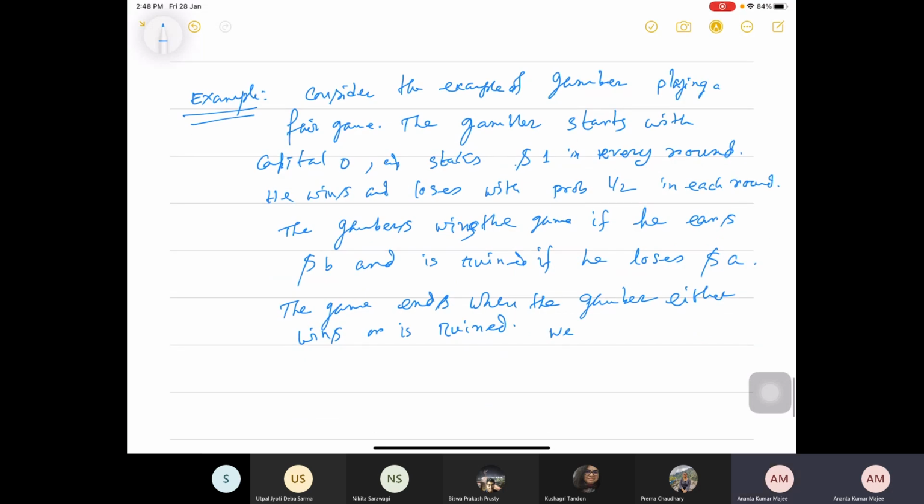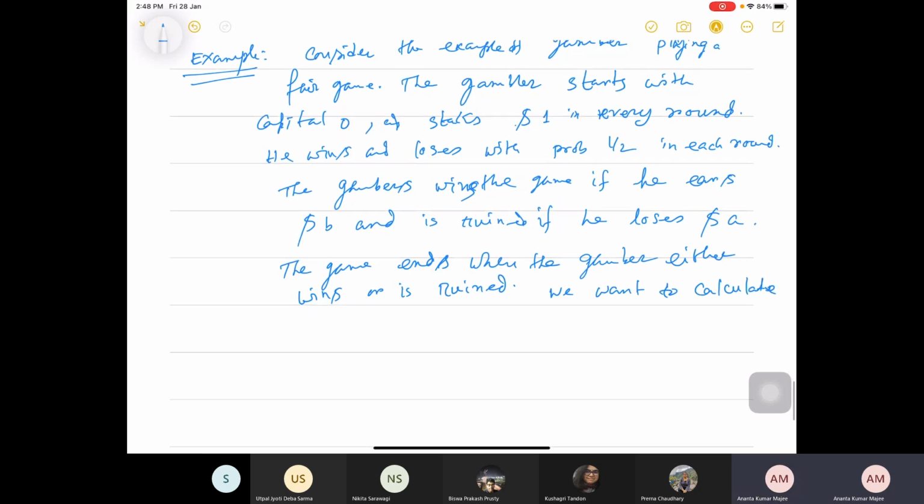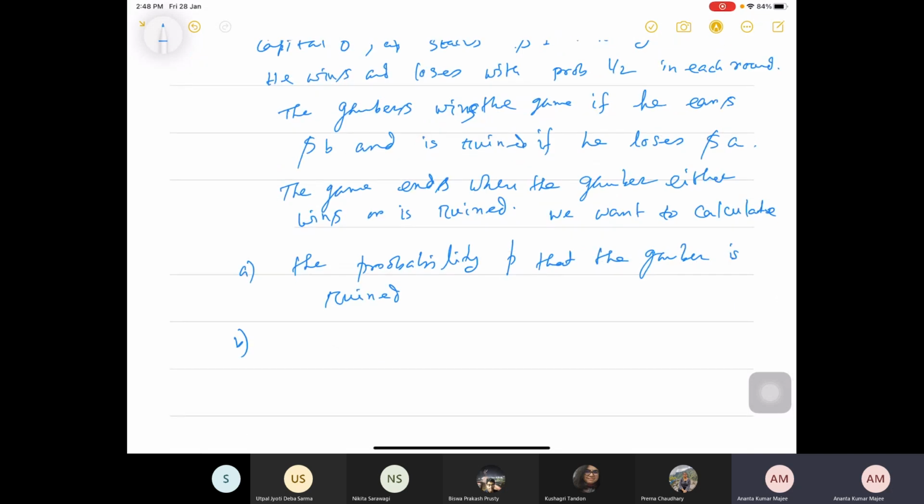So we want to calculate two things. As I told you, what is the probability P that the gambler is ruined, and secondly, I want the expected duration of the game.